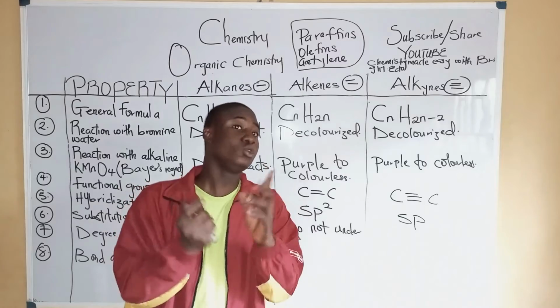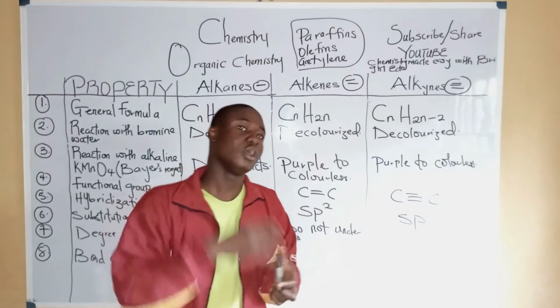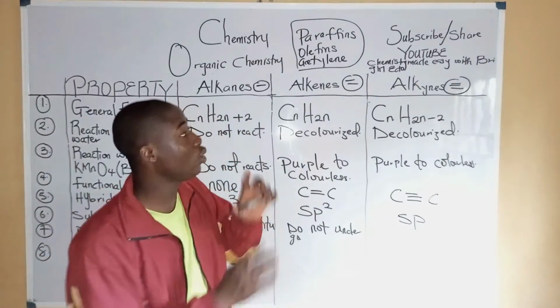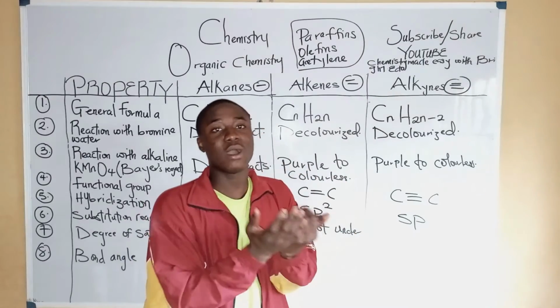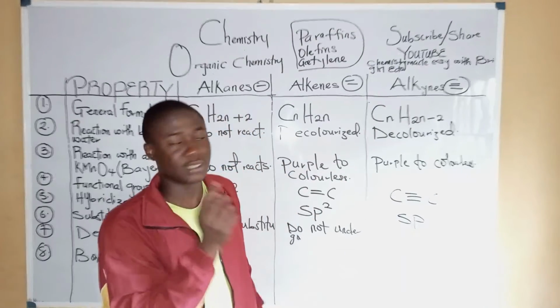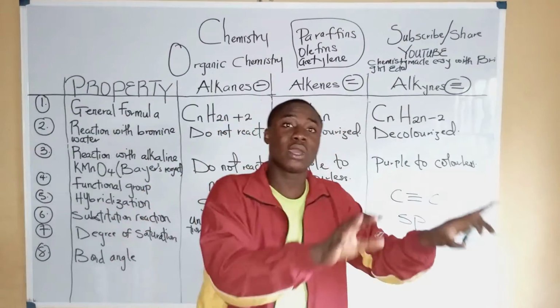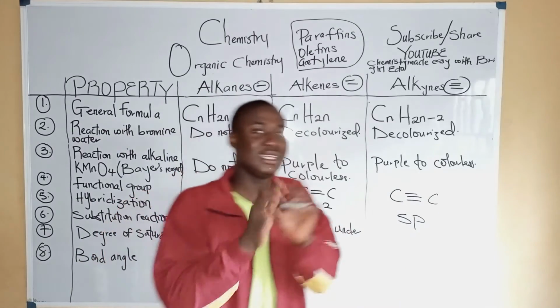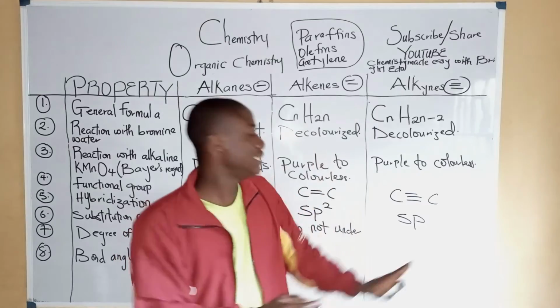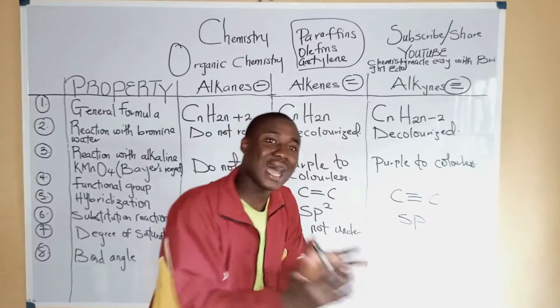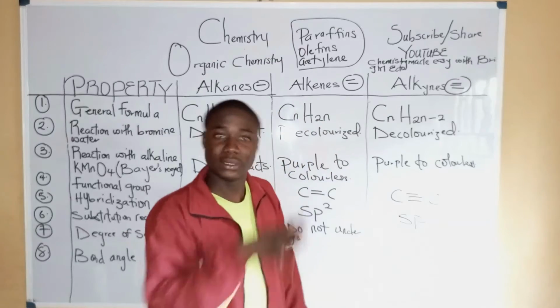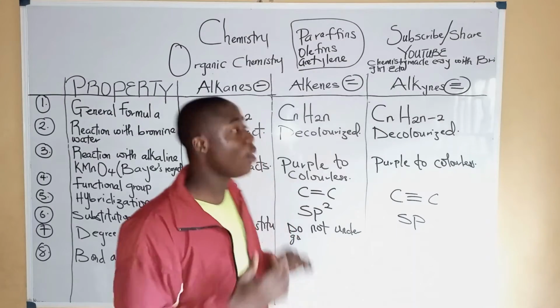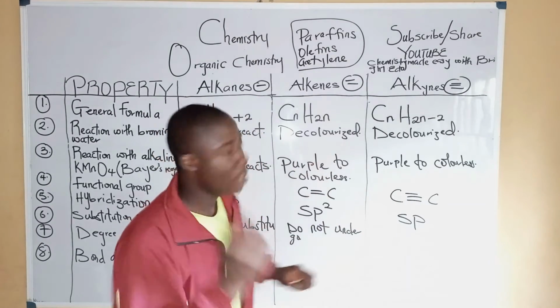Alkynes generally do not undergo substitution reaction, with the exception of a type of alkyne called terminal alkynes. A terminal alkyne is simply an alkyne whereby the triple bond is found at the end of the compound, and terminal alkynes undergo substitution reaction.